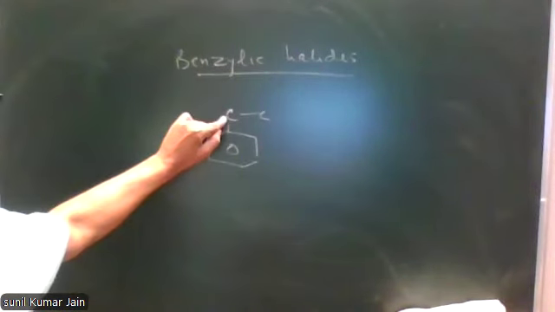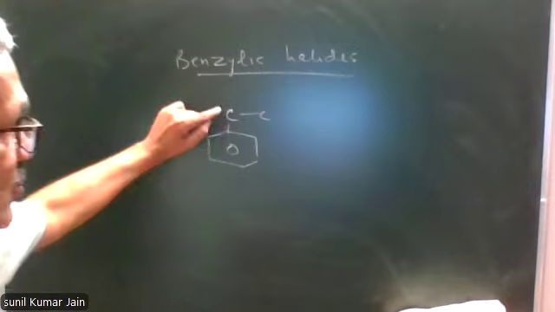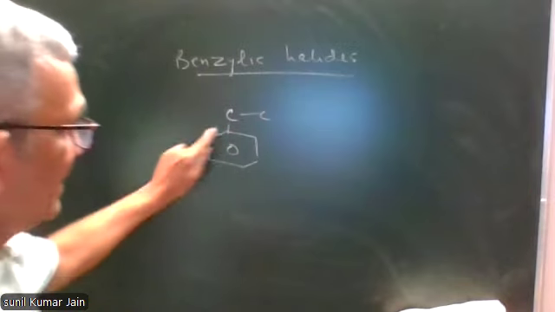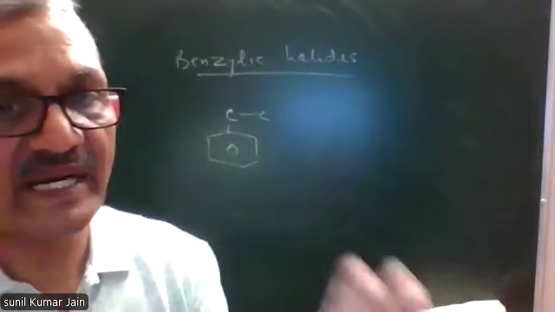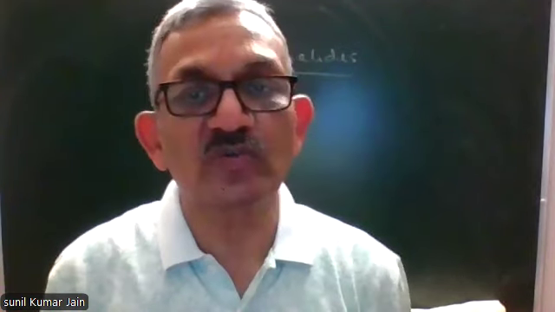Now this is benzylic carbon atom, right? So sp3 hybridized carbon atom directly bonded to benzene ring, aromatic ring, that is called benzylic carbon atom. And if halogen is attached to benzylic carbon atom, this will be called benzylic halide. And they can be primary or secondary or tertiary.